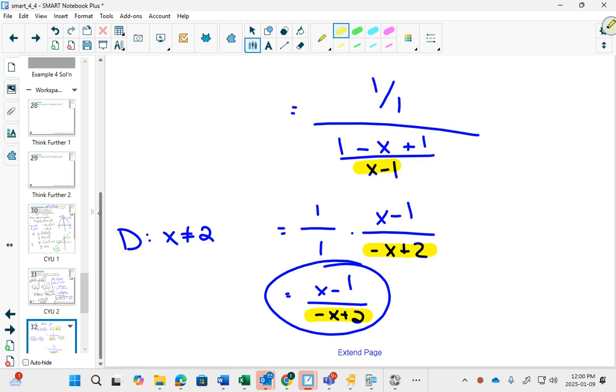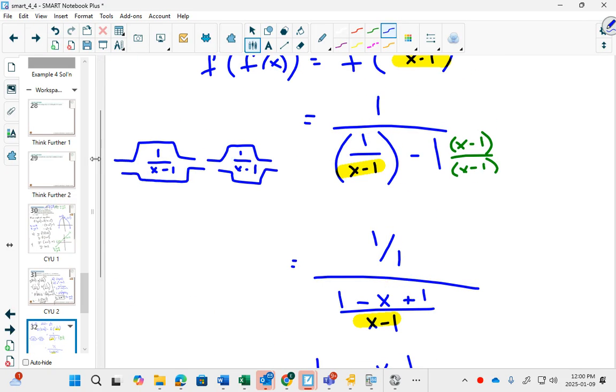Some of them I highlighted more than once, but I have to check all of my denominators because I am never, ever, ever allowed to divide by 0. And so I would have, if I plugged in 1, divided by 0 early and caused a problem. So if I put in 1, the first machine blows up.